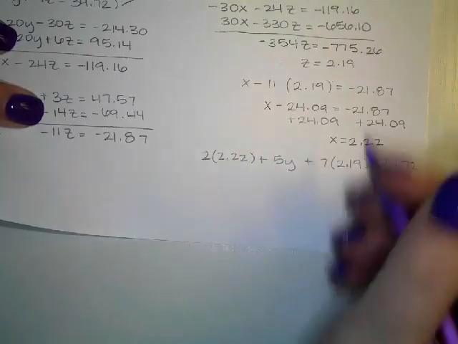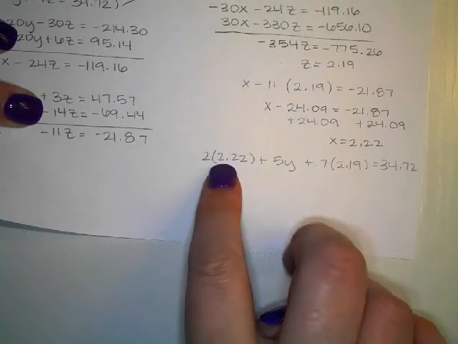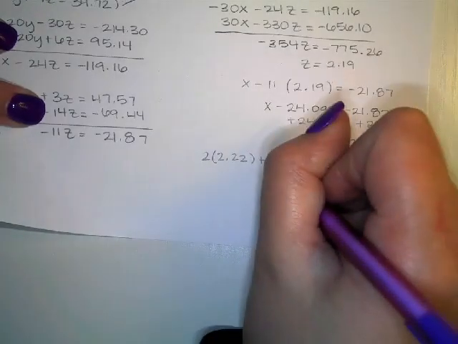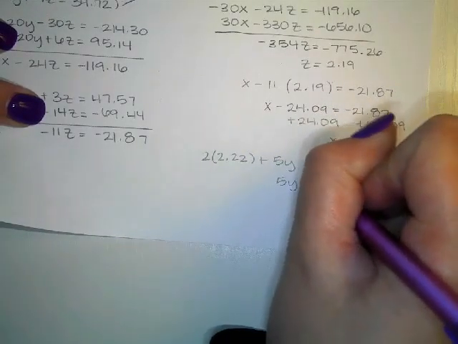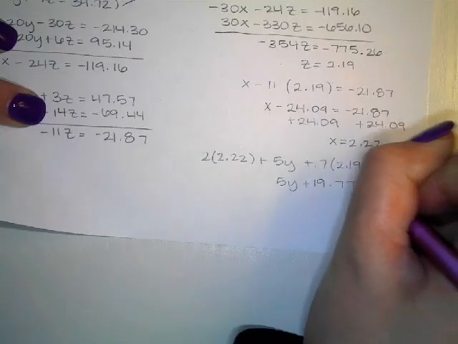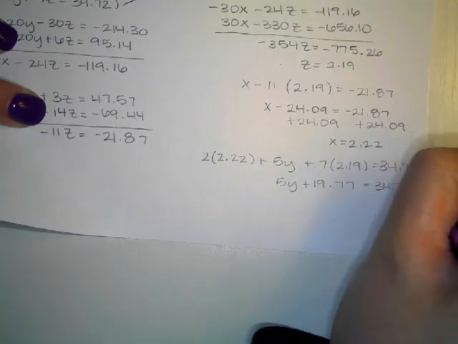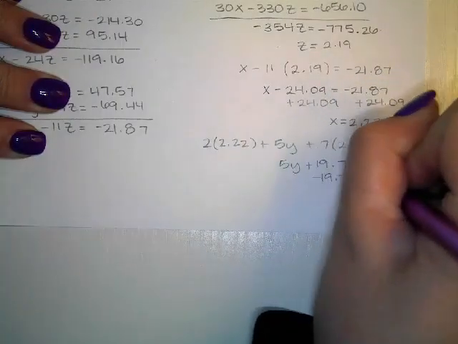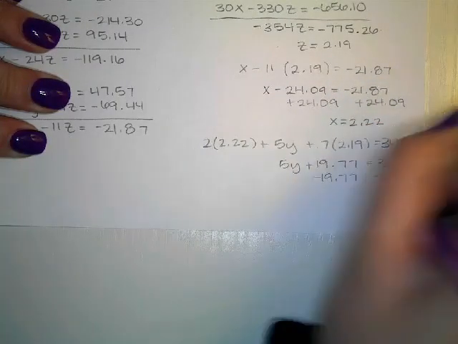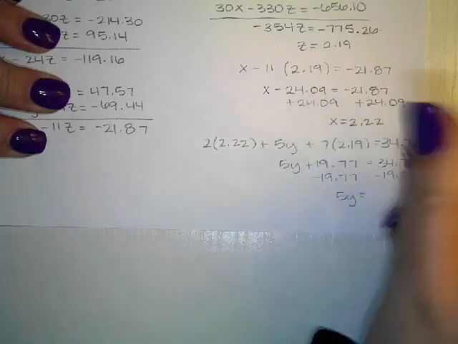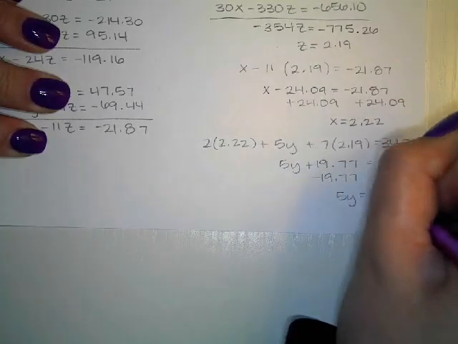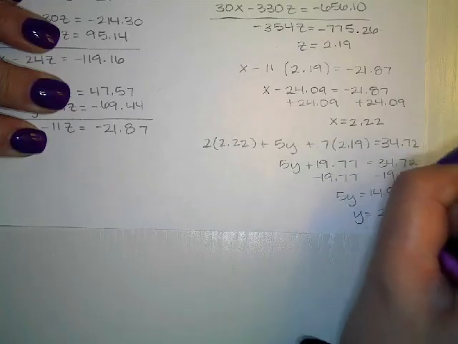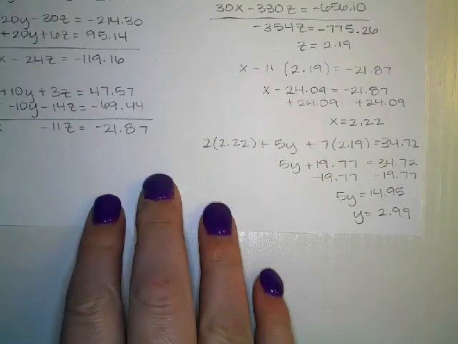And so if you add 2 times 2.22 and 7 times 2.19, you get $19.77. And so I'll subtract that over. So 5y is $14.95. That means that y is $2.99. So $2.99 for a loaf of bread, like, meh, okay.